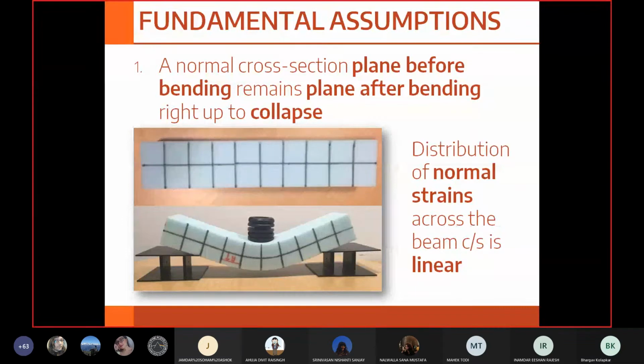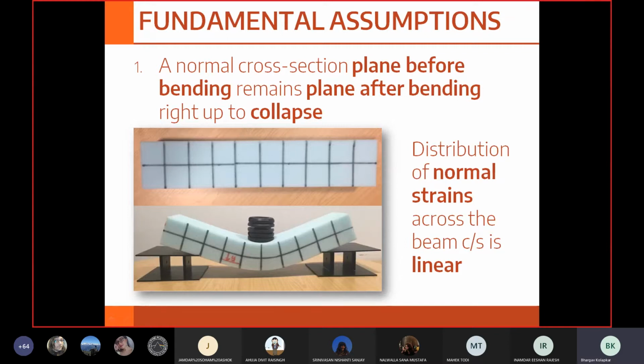Okay. So if I take a member, this is a homogeneous member, a homogeneous material. I've drawn a line exactly at the center of this, and then I've drawn some grid lines here just to see how the member behaves when it is loaded in flexion.